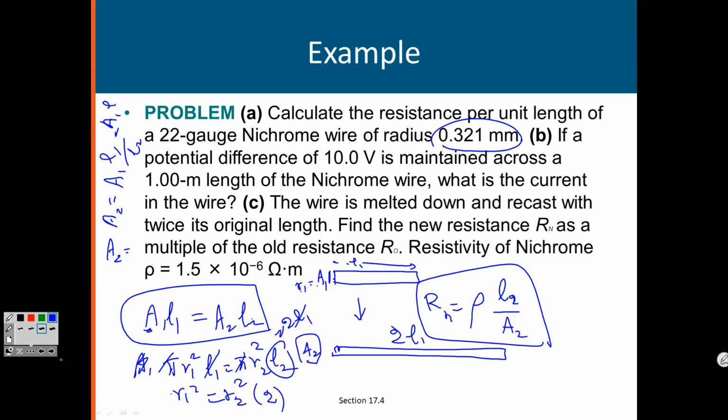L2 is 2L1, so A2 is equal to A1 over 2. I hope I got it right. Here you substitute for L2 as 2L1, A2 as A1 over 2. So you can get the new resistance in terms of the old resistance.